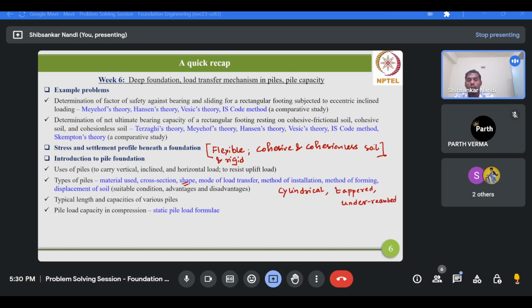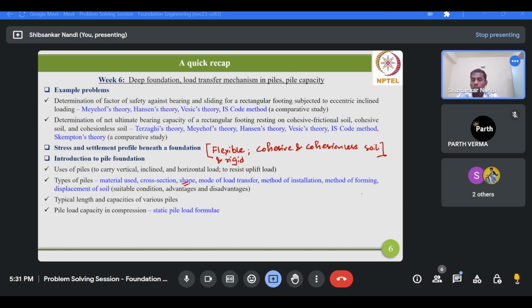As you have learned in this course, the cylindrical pile is most beneficial for cohesive soil underlain by a granular soil deposit. However, the tapered pile is most useful for loose to medium dense sand, and the underreamed pile is useful for expansive soil. So this type of question also you can expect in the examination.